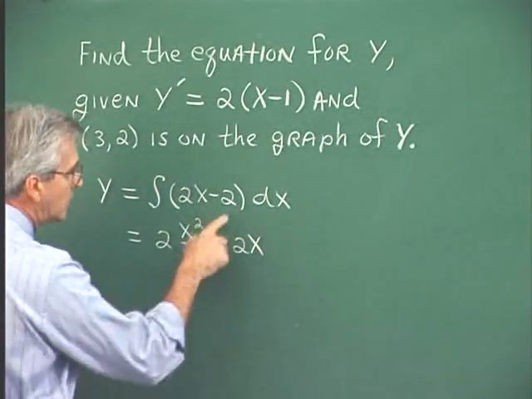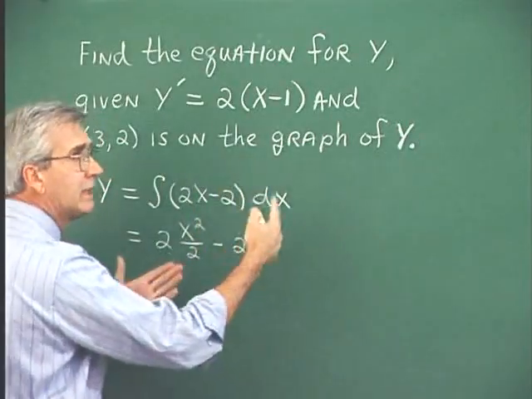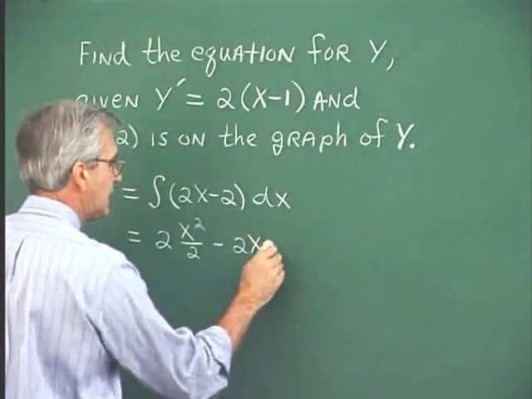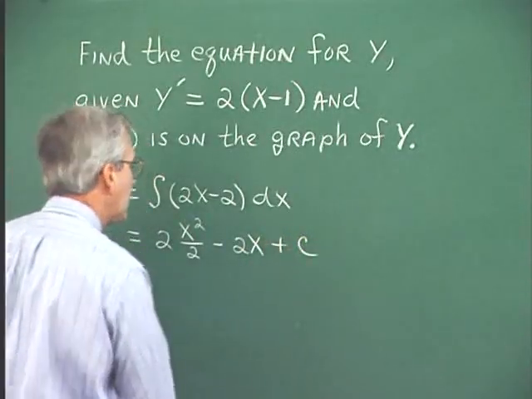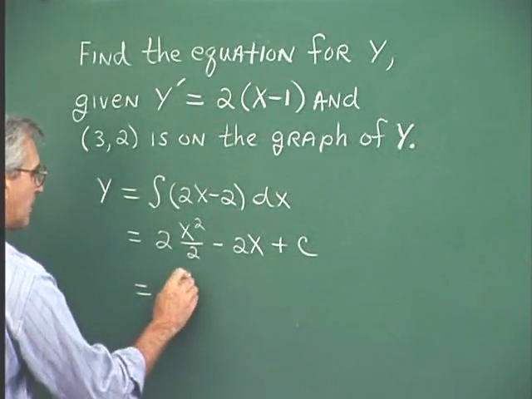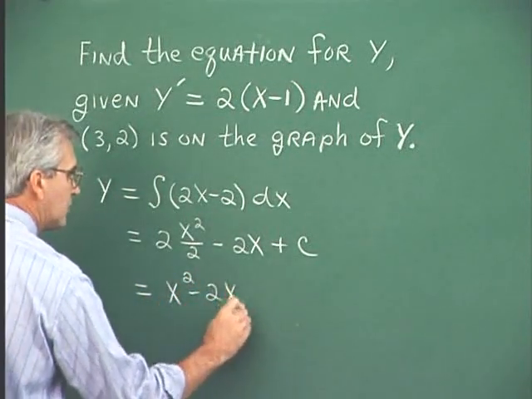We could think about an x with an exponent of 1 and dividing by 1, but it turns out to be minus 2x quite easily. And then the constant. Then the 2's go out here, so we have x squared minus 2x plus c.